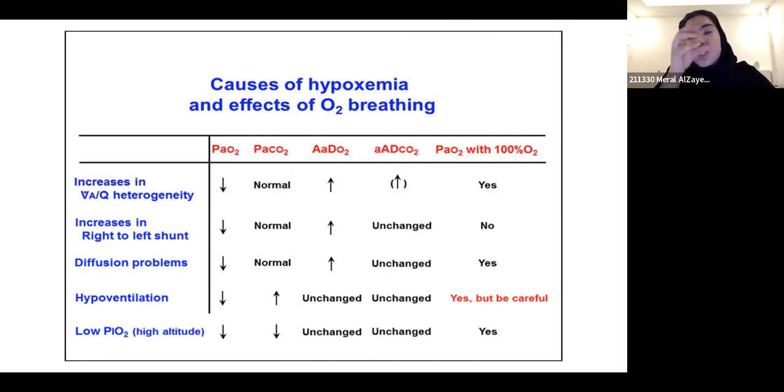As it gets shunted, it doesn't even pass through the pulmonary arteries, so it's not going to get ventilated. Our partial pressure of oxygen in the arteries will not increase. So if we have normal carbon dioxide and we don't have an increase in partial pressure of oxygen, we can automatically conclude that it's right to left shunt. Is that clear?